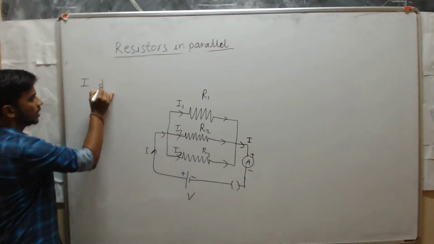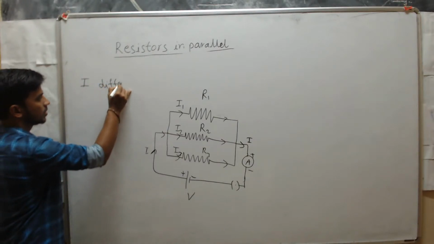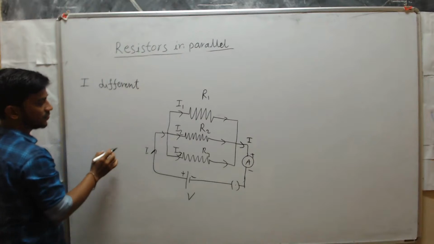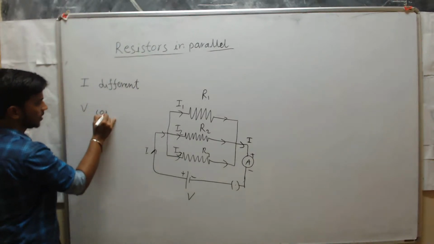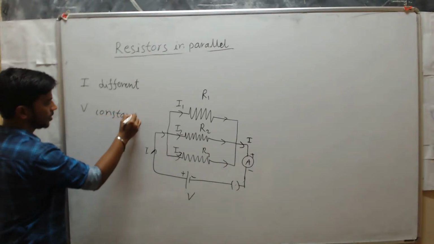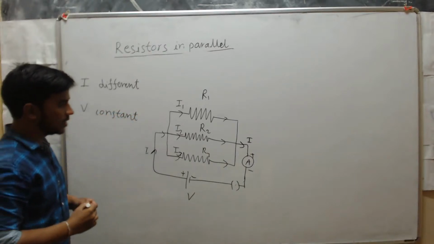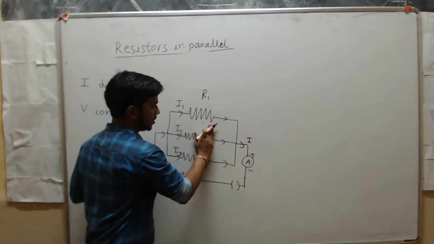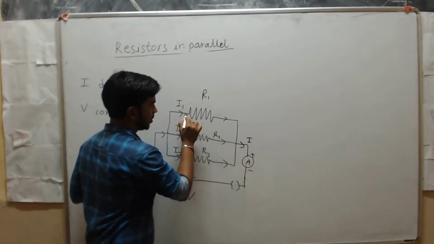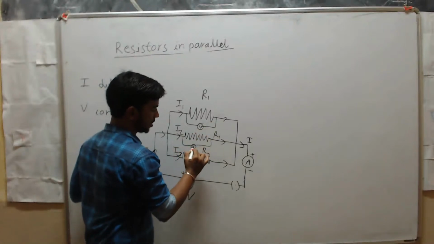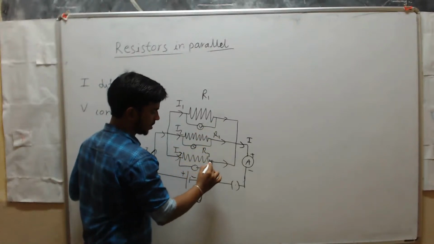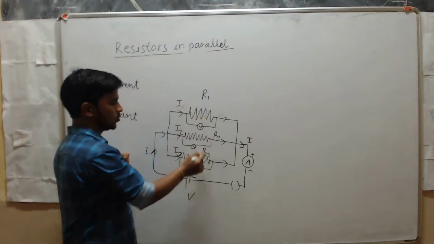In parallel, current is different and voltage is constant. See here, the voltage across here and the voltage across here, you'll get the same voltage.